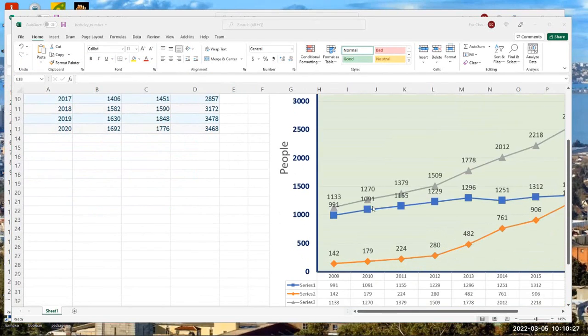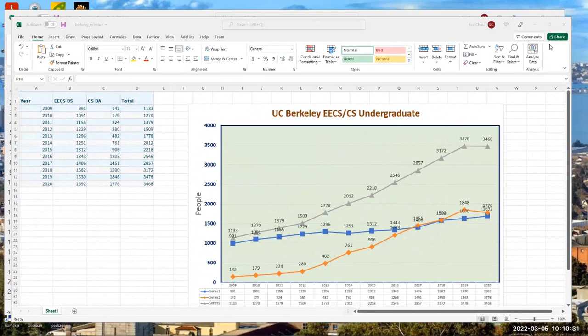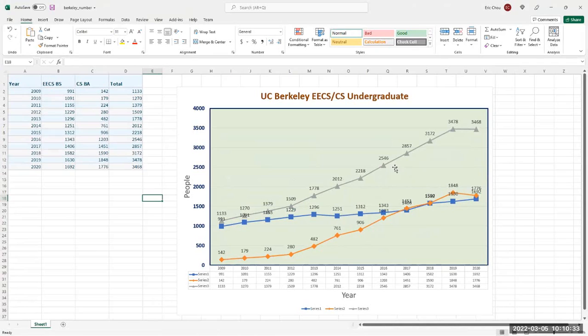By doing that, we create a plot like this, so you can see the trend. The blue one is EECS, and the yellow one is computer science. You do see that computer science in BA actually now has more people than EECS, but before it was 10 to 1, 8 to 1.